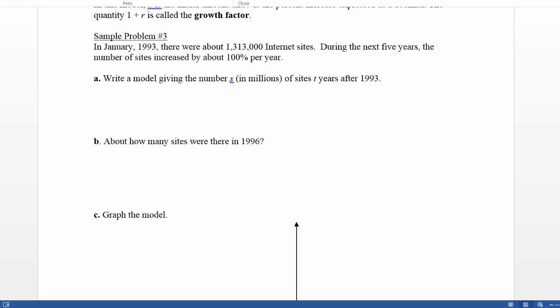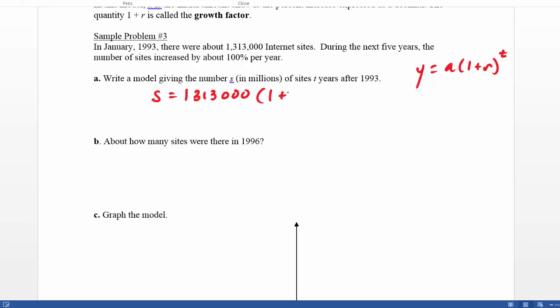Okay, so basically what we've got here, when it asks us to write a model, we want to use this idea of a growth factor. But when we write a model, we want to write a model that represents the given scenario. So we're actually going to have the number of internet sites, S. We started with an A amount of 1.3 million, so we have to write that in there.